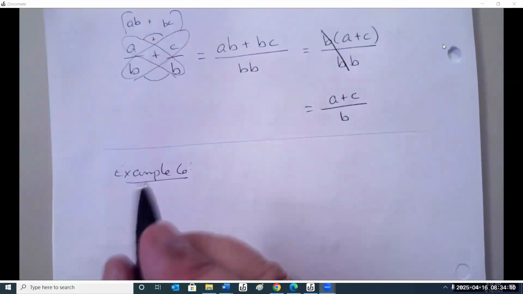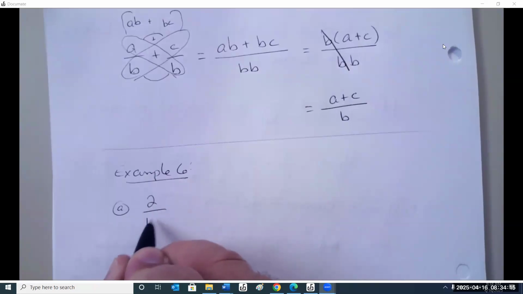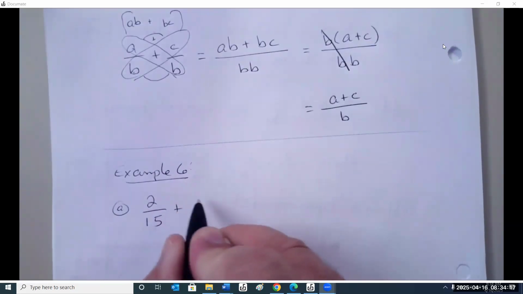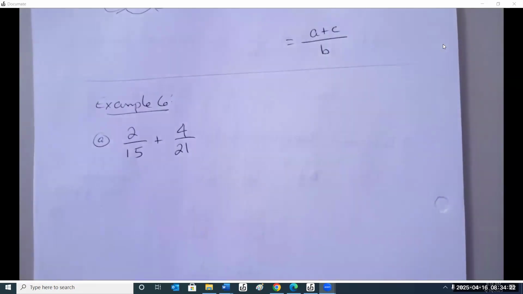Example 6. 2 over 15 plus 4 over 21. Put those together.